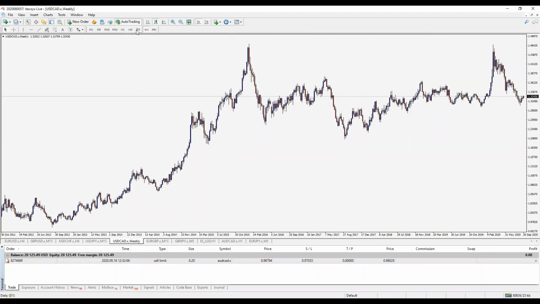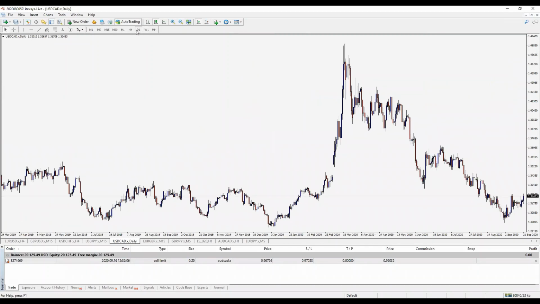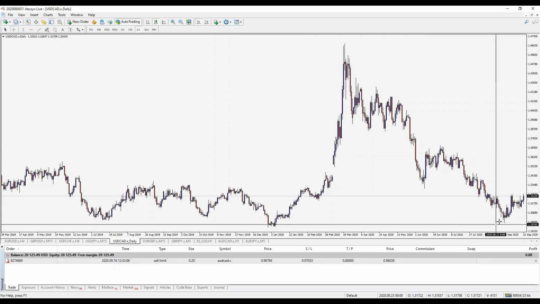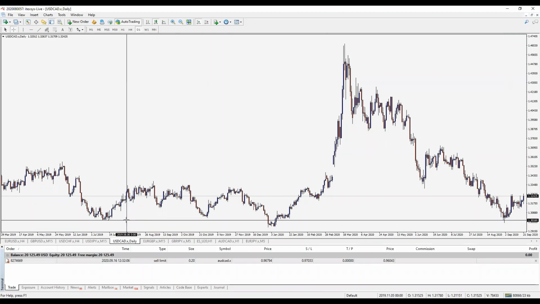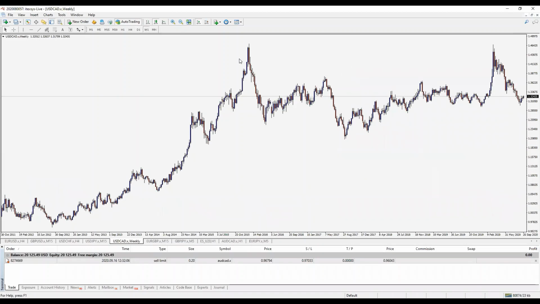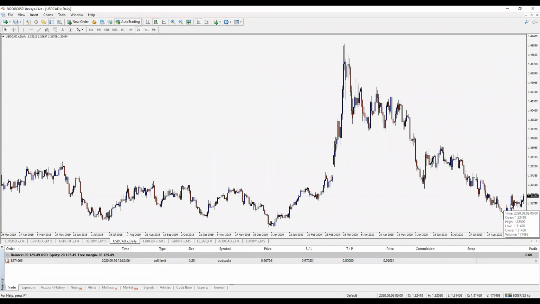All right, that's okay. So this is the daily chart. We can see the price, maybe 2 weeks ago, maybe 3 weeks ago, just reached this support level from the left. We can see the reaction from this support.